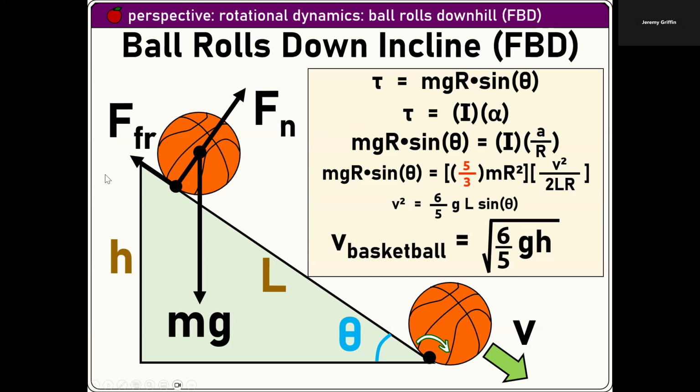To have torque, you need two forces at two different locations on an object. So I've got this friction force and then this weight going through the center. Those are acting at different locations on the ball, hence they can cause torque. There's also a normal force, but that doesn't really cause any torque because it goes straight to the center. So this is a static friction to induce rolling.